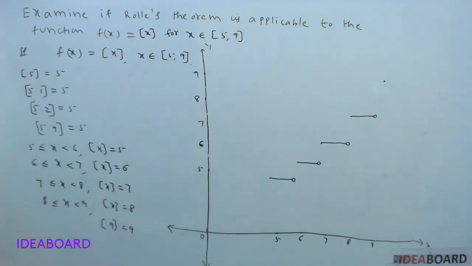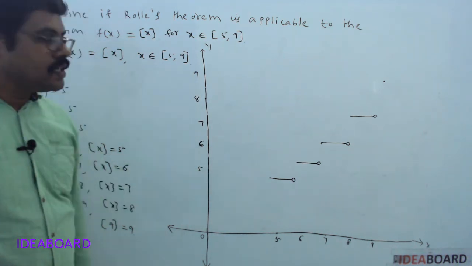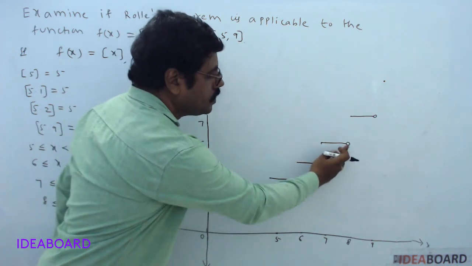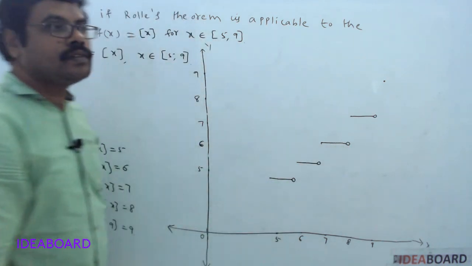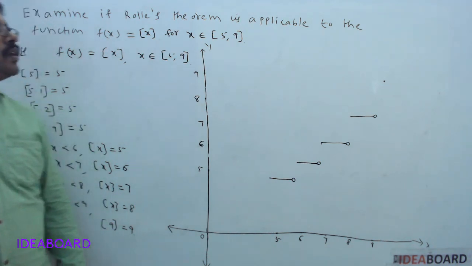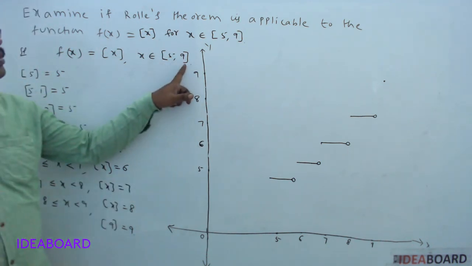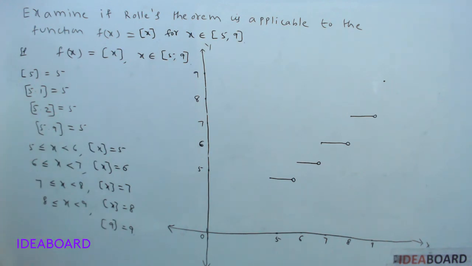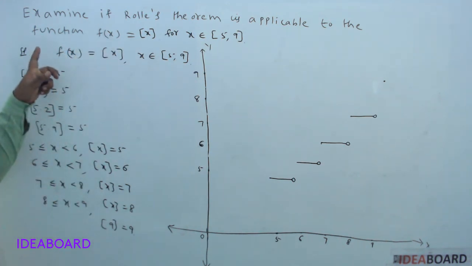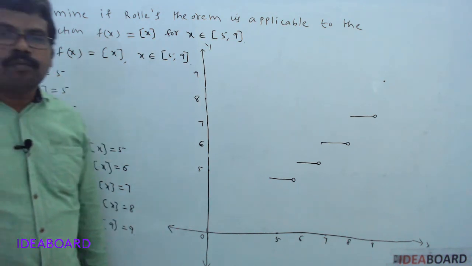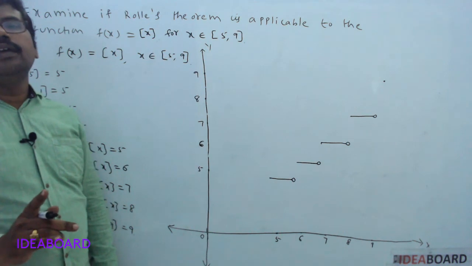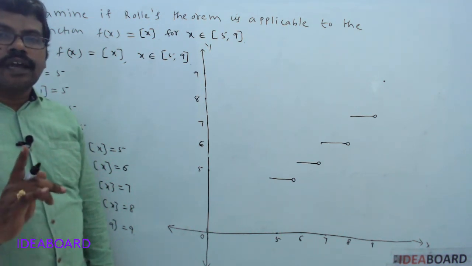Now if you observe, the graph will be discontinuous at 6, 7, 8. So it means the graph is not continuous in the interval closed 5 comma 9. So it means Rolle's theorem is not applicable to our given function f of x, because if any one of the three conditions fails, what are those three conditions?